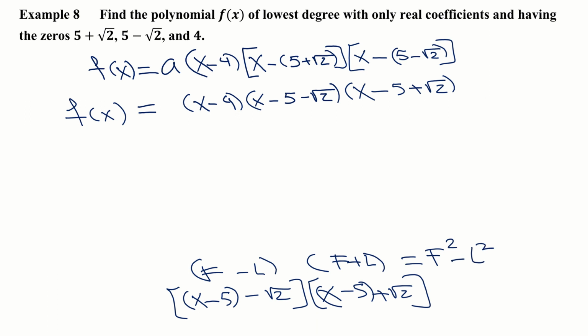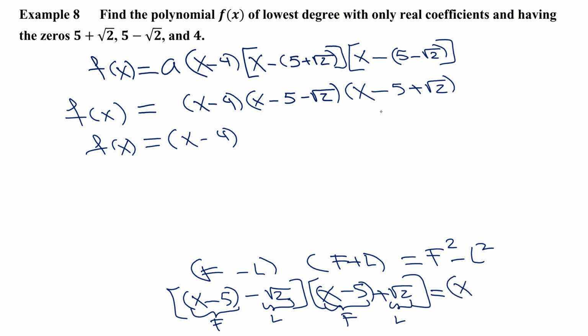So that means I can now say f of x equals x minus 4 times, remember, think of x minus 5 as F and the square root of 2 as L, right?